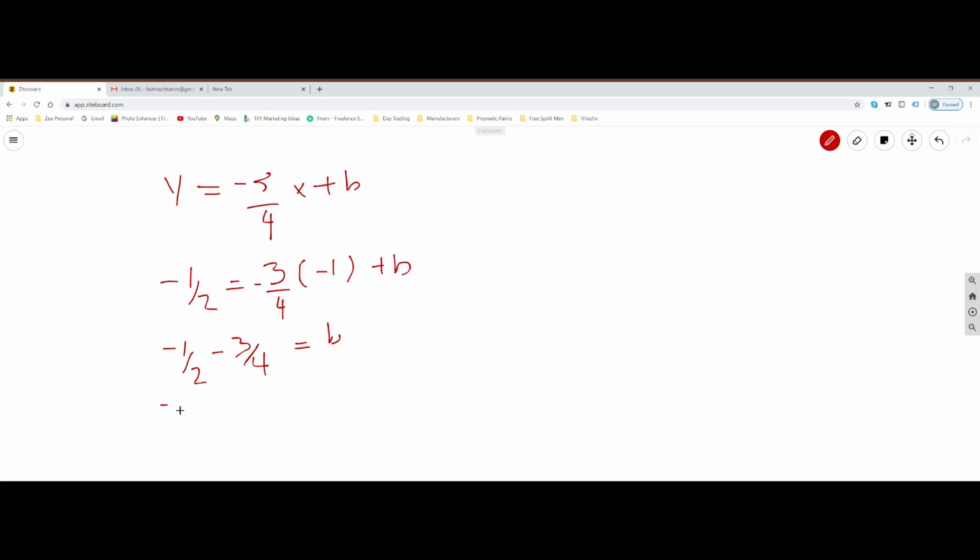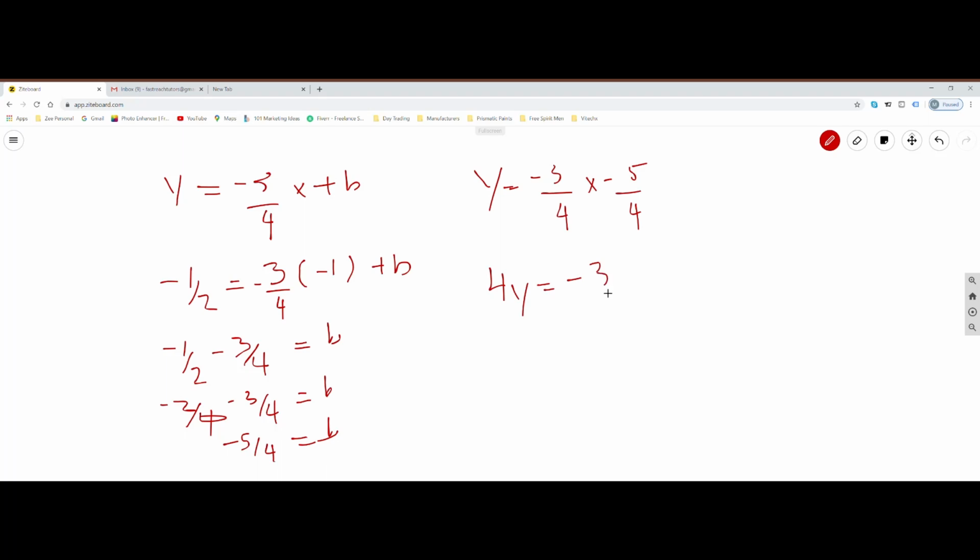So this is negative 2 over 4 minus 3 over 4 equals b. Negative 5 over 4 equals b. So y equals negative 3 over 4 x minus 5 over 4. Multiply everything by 4. 4y equals negative 3x minus 5.